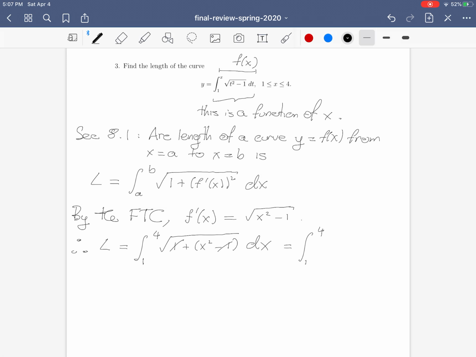So I have the integral of the square root of x squared. The square root of x squared is equal to x dx. So this is the integral from 1 to 4 of x, which is equal to 1/2 x squared evaluated at 1 and 4. This is equal to 16 over 2 minus 1 over 2, which is equal to 15 divided by 2.